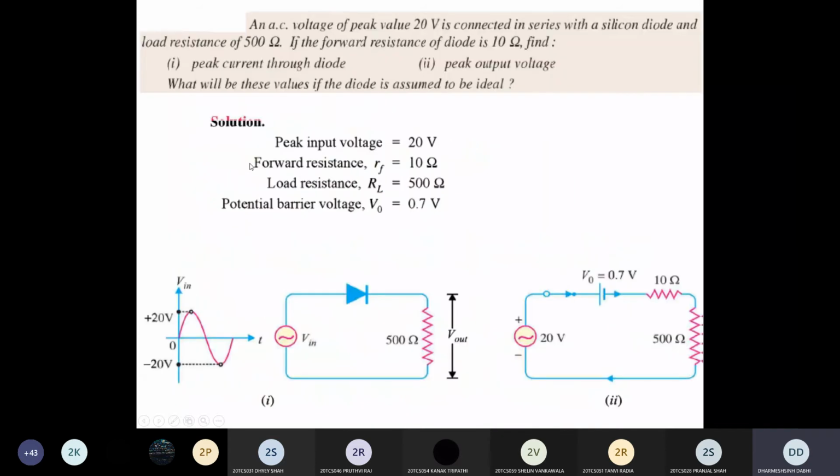Okay. Now let's calculate an example related to the half wave rectifier circuit. So let's write this example.